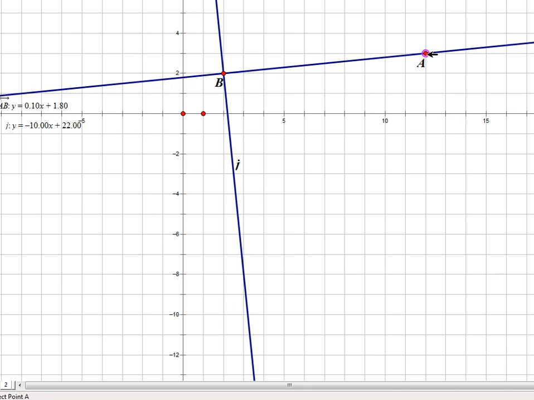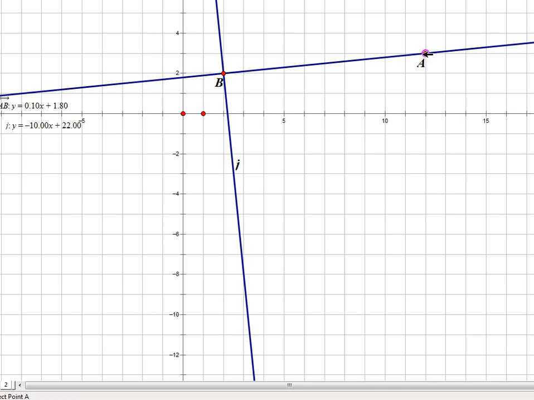But what about it? One is positive, one is negative. One is 10, the other is, as a fraction, 0.1 is 1/10.